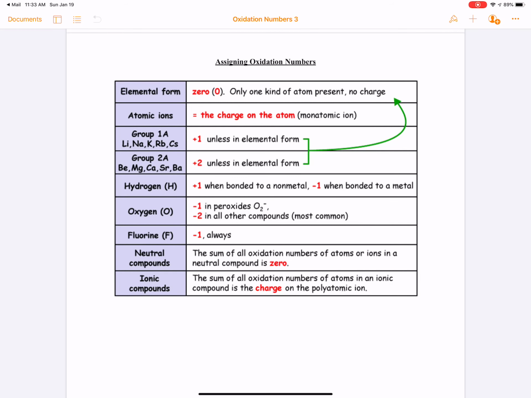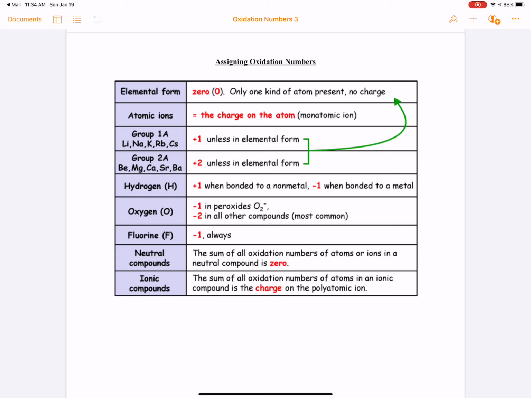I'm Hunter and today we'll be discussing oxidation numbers, how to assign them, and the basic rules. So these are most of the rules for oxidation numbers. Elements in their pure element form have no charge. The group 1 metals are always +1 unless by themselves. Group 2 metals are always +2 unless by themselves.